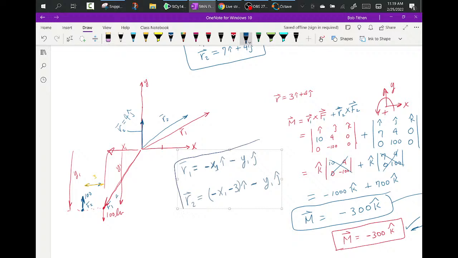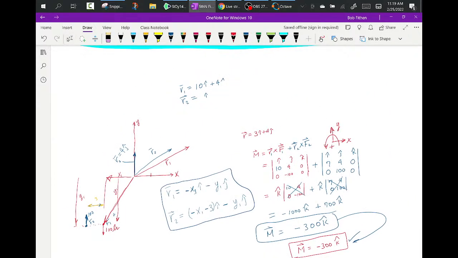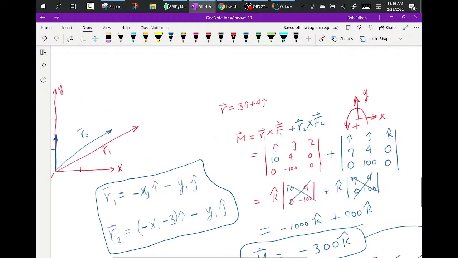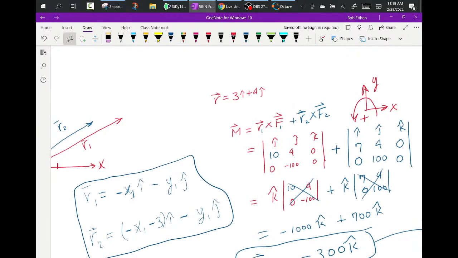So here they are. And now I'm going to insert them. Now no longer does this matter. I'm going to insert them in this equation. Now to do this, I'm going to have a little bit of space here. So first of all, what you notice is the R1 goes in right here. So this is going to be this minus y1.